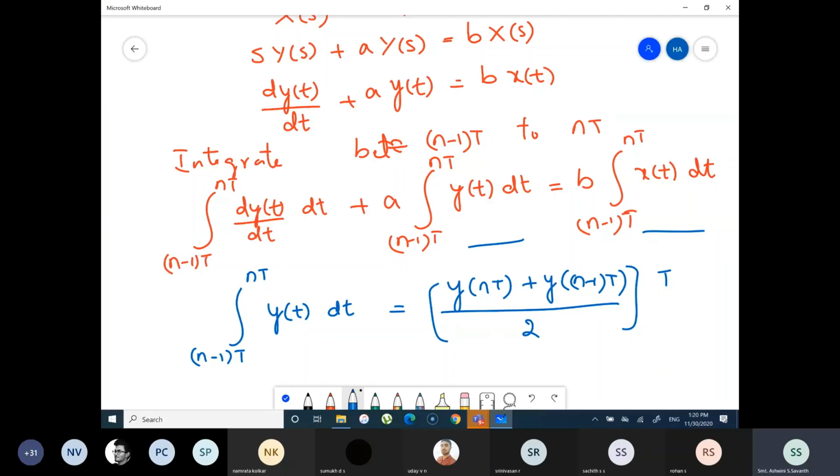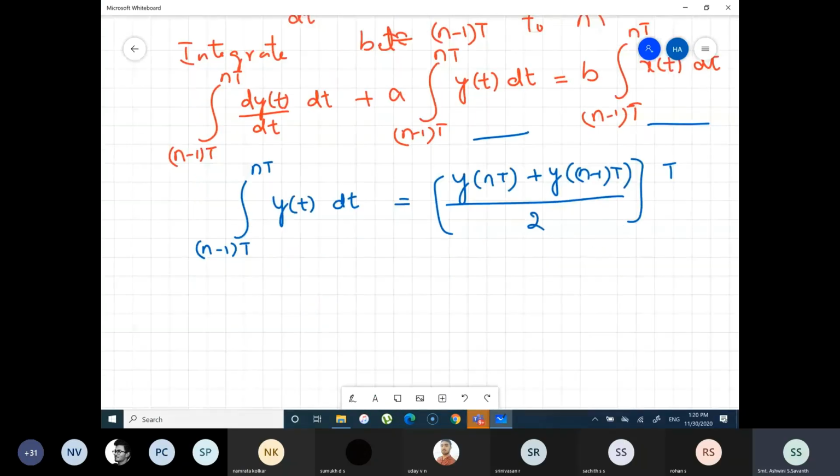This is called the trapezoidal rule of integration. So we are going to make use of this rule in the above equation. The same thing can be applied to x of t also.